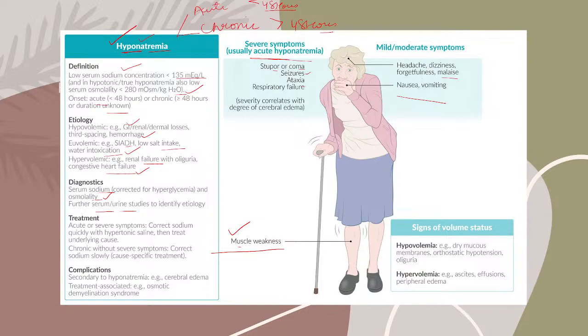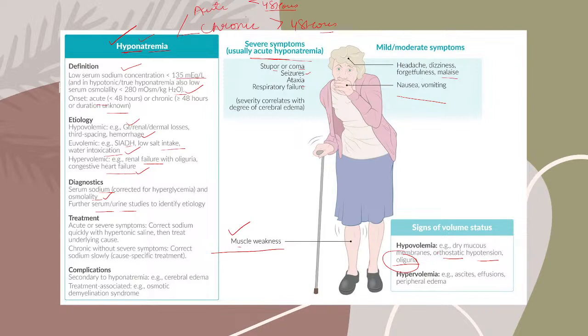And signs of volume status: if we talk about fluid volume, in case of hypovolemia there would be dry mucous membrane, orthostatic hypotension, and oliguria, that is decreased urine output. Orthostatic hypotension is postural, that is, when the patient changes posture, there would be decreased blood pressure.